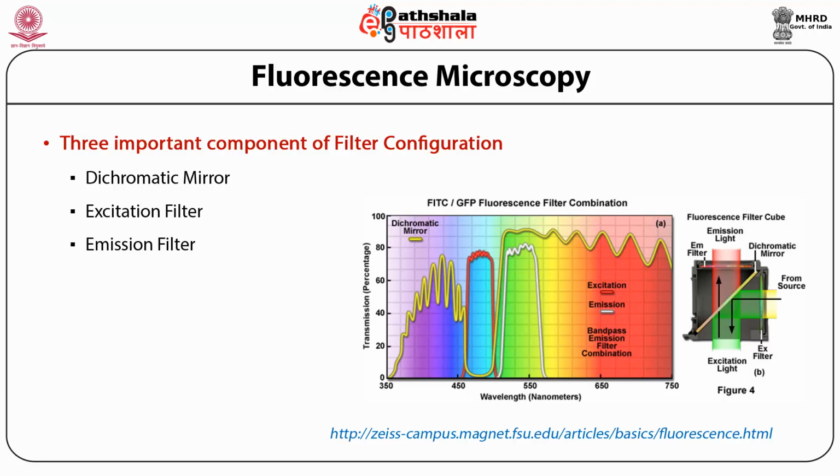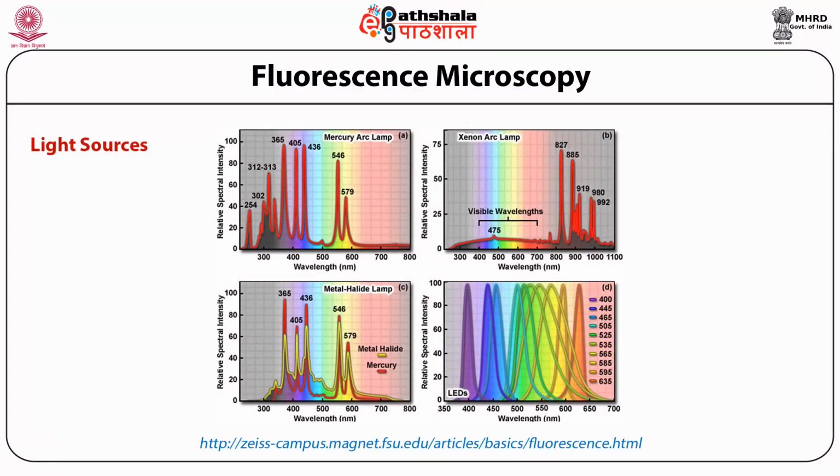And this is the combination of filter configuration that is used to excite our sample with a specific wavelength, as well as to capture the specific wavelength that is emitting out from the sample.